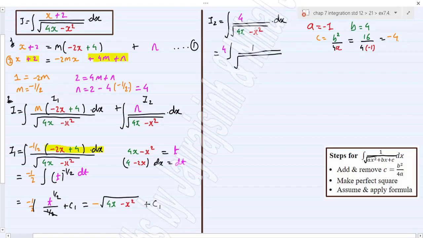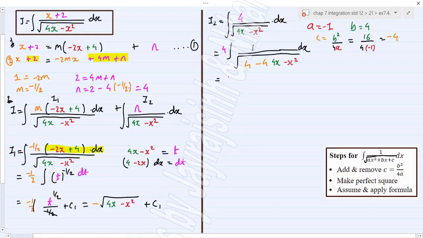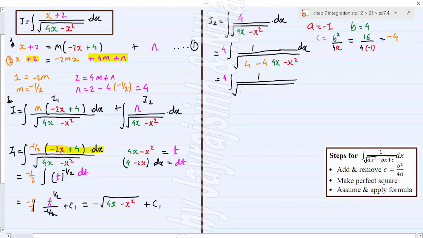So let's write down what we have. So let's add and remove the required last term. So here 4x is to be given as it is, 1 upon under root of this plus 4 will be as it is.